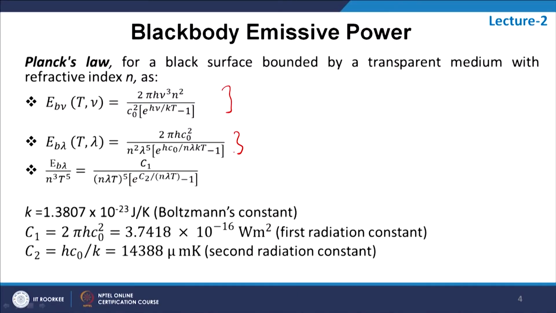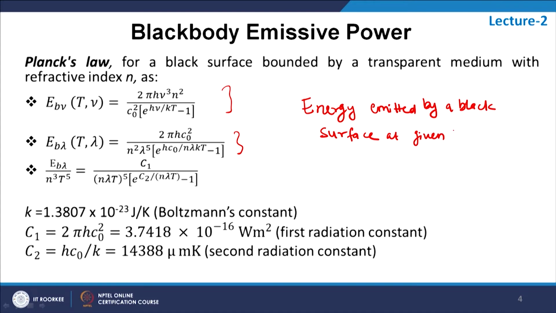So, he came up with this expression of the Planck function, and what this represents is the energy emitted by a black surface at a given wavelength per unit time. So, this is the Planck function or black body emissive power.